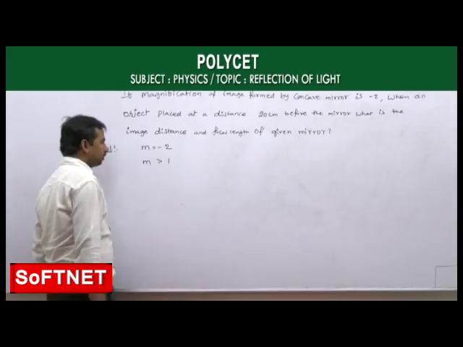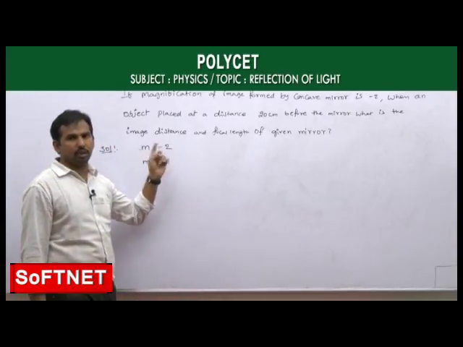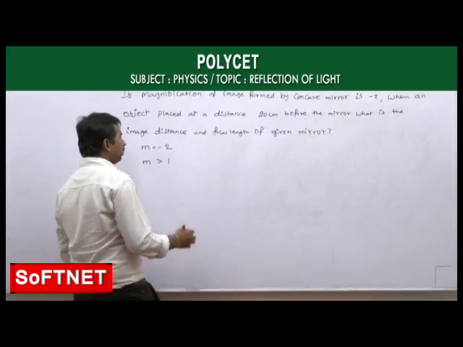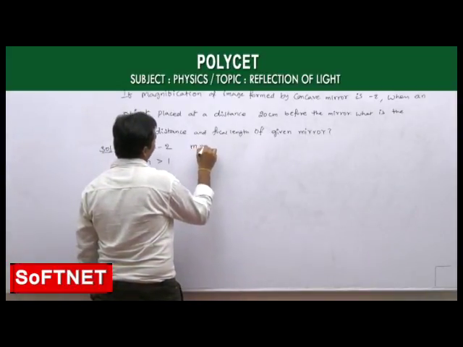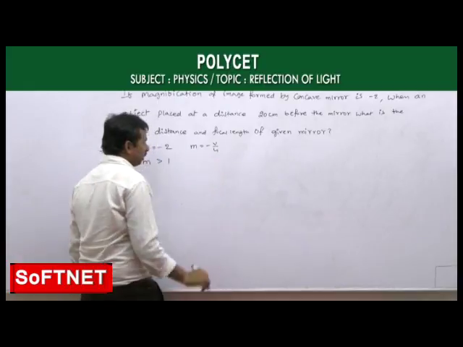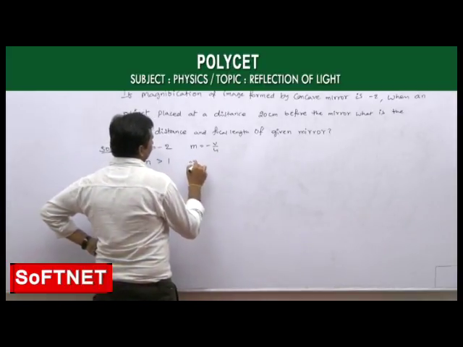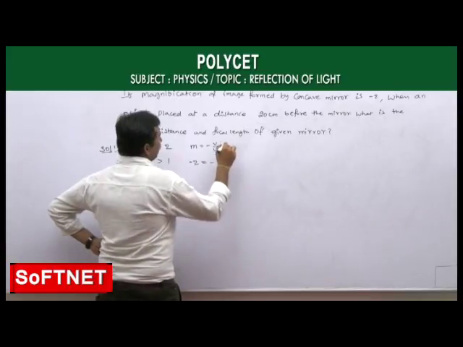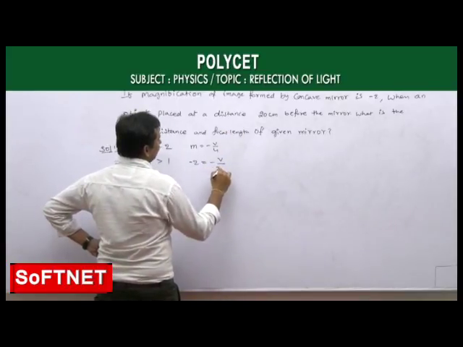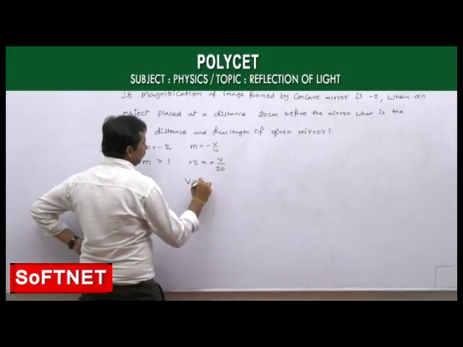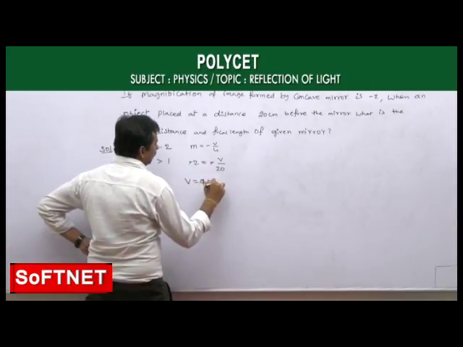First we have to check that. The m value here is more than 1, so we are getting an enlarged image. And not only that, we know that m is equal to minus v by u. If m is equal to minus 2, then minus of v by u, where the u value is already given in the problem as 20. Then the minus gets cancelled, and v is equal to 40 centimeters.